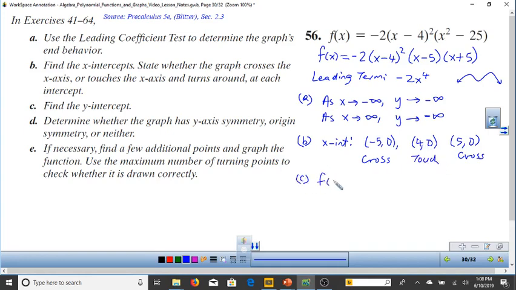And of course, f of 0 is simply negative 2 times 0 minus 4 squared times 0 squared minus 25. That looks like it's quite a large number. 16 times 25 times negative 2. 16 times 25 is 400. So we're looking at negative 400 here.